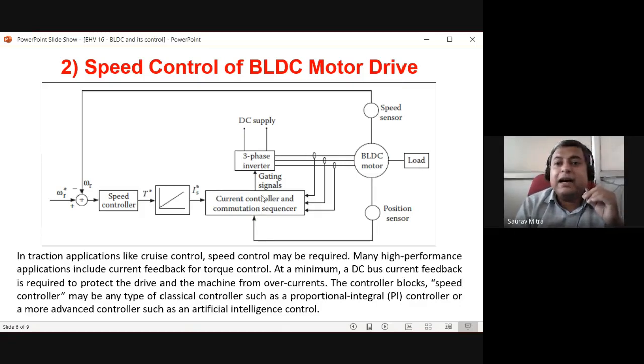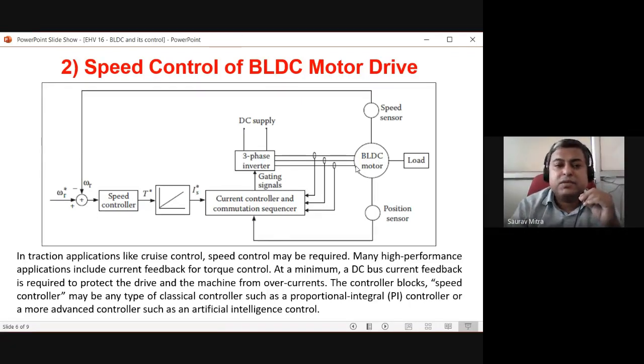This is the heart, or the brain, of the whole system. It is mixing all the different signals from different sensors, deciding how much power has to be extracted from the inverter, and accordingly the inverter acts and supplies the BLDC motor.